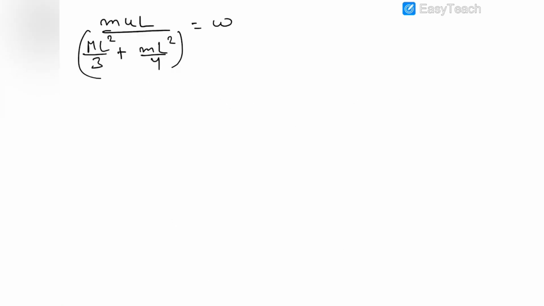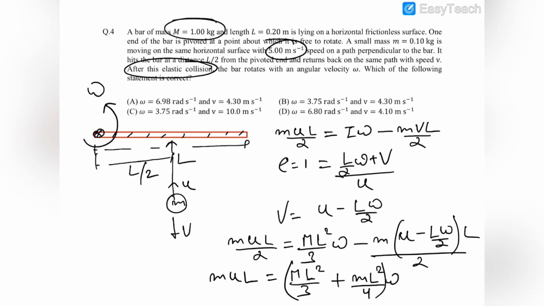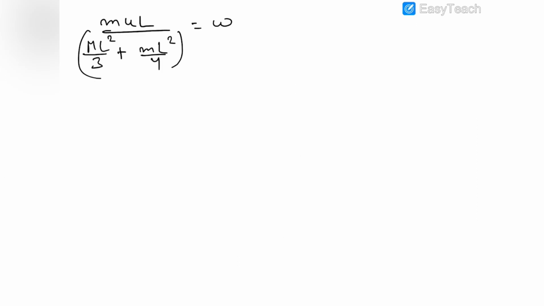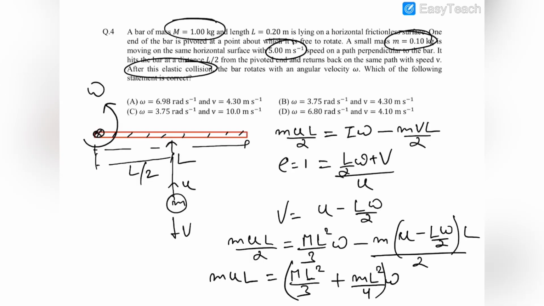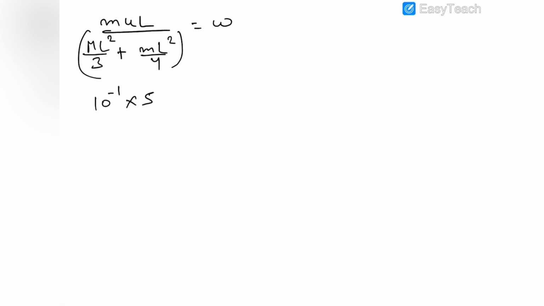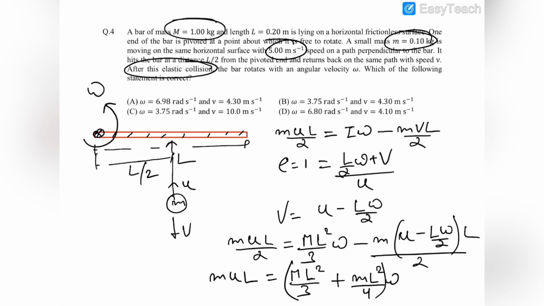Okay, now let us substitute the values. We know that the value of small m is 0.1 and capital M is 1 kg. So this is 0.1; in fact, we can write it as 10 to the power minus 1. The value of u was 5 and the value of L was 0.2.